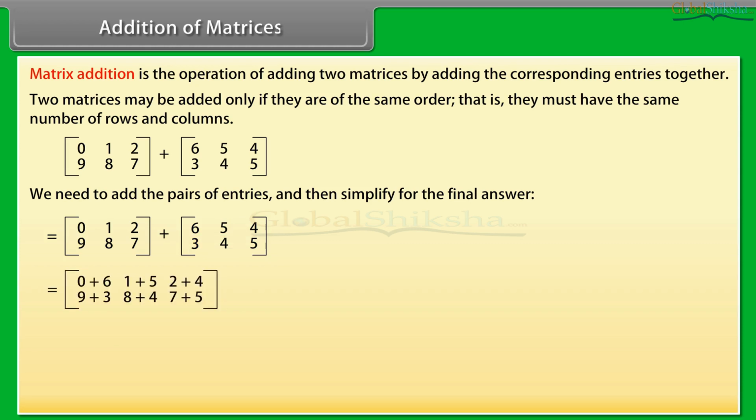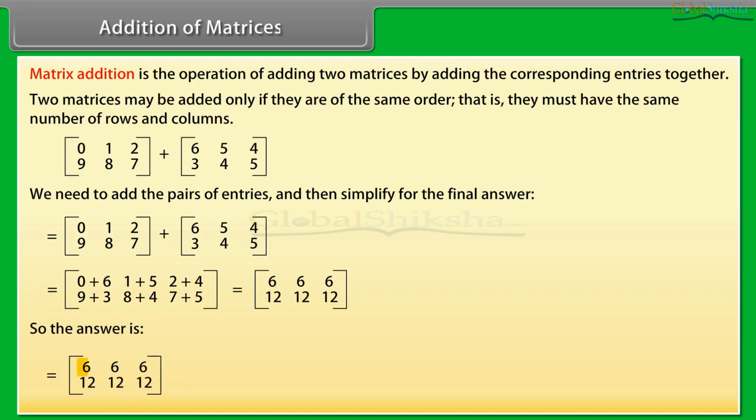Row-wise first row 0 plus 6, 1 plus 5, 2 plus 4, second row 9 plus 3, 8 plus 4, 7 plus 5 is equal to row-wise first row 6, 6, 6, second row 12, 12, 12. So the answer is row-wise first row 6, 6, 6, second row 12, 12, 12.